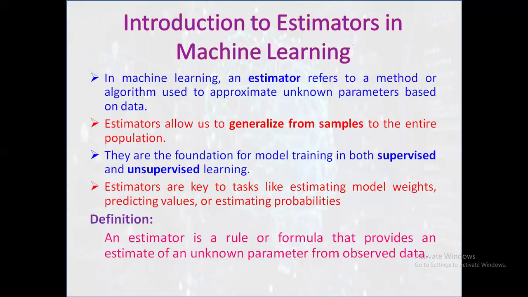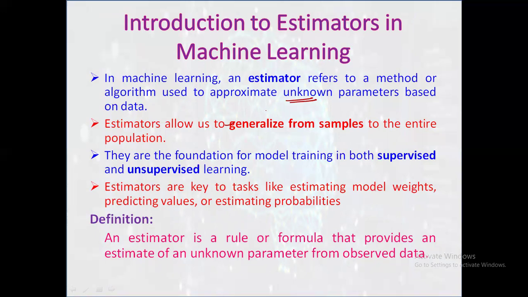Next, introduction. So in machine learning, let's first see how the estimator is used. In machine learning, an estimator refers to any method or rule used to approximate an unknown quantity we are going to measure, or a parameter, based on observed data.